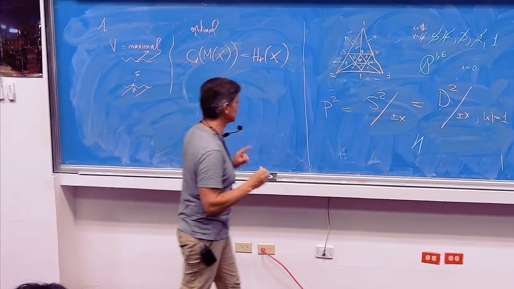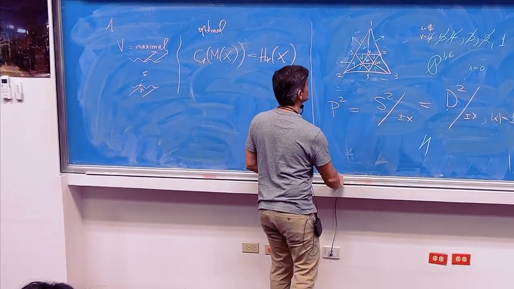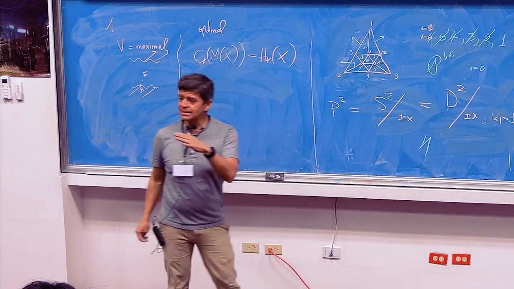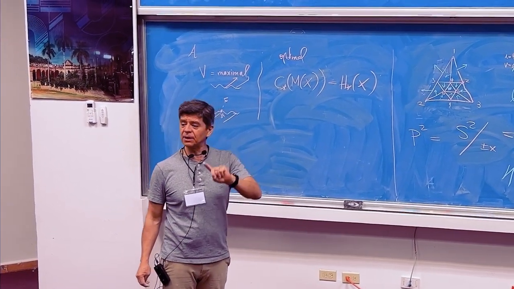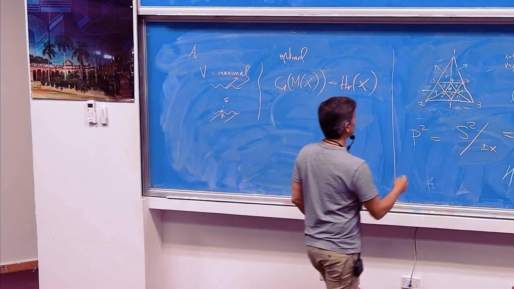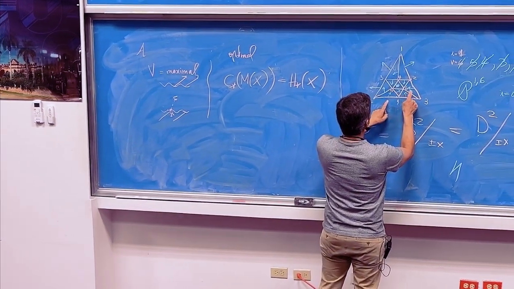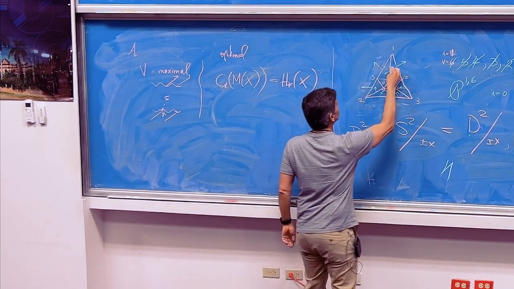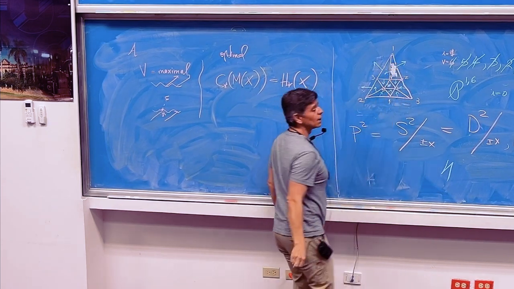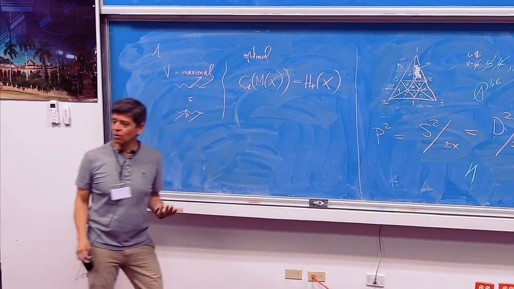But let me make one single observation at this point. Notice that all the cells have been paired. All 2-dimensional cells have been paired except for 1. There are 1, 2, 3, 4, 5, 6, 7, 8, 9, 10 cells. And this one remained critical with no friend.